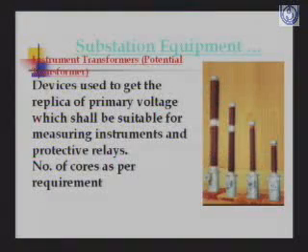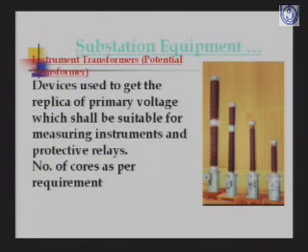The relays operate whenever there is a fault in the system. So these relays also operate at a lower current level, and the number of cores in the CT depends on the requirement. There will be a metering core, there will be a protection core. So we have the cores as per the requirement.